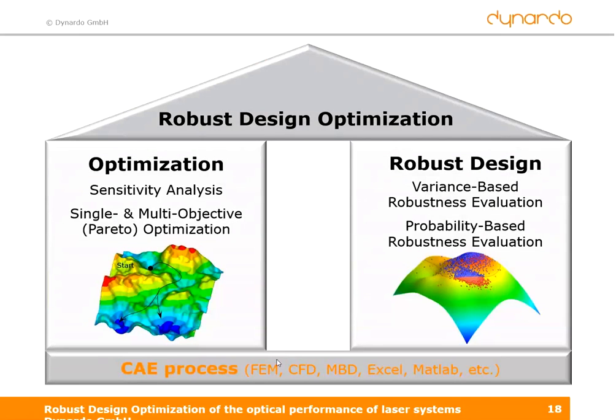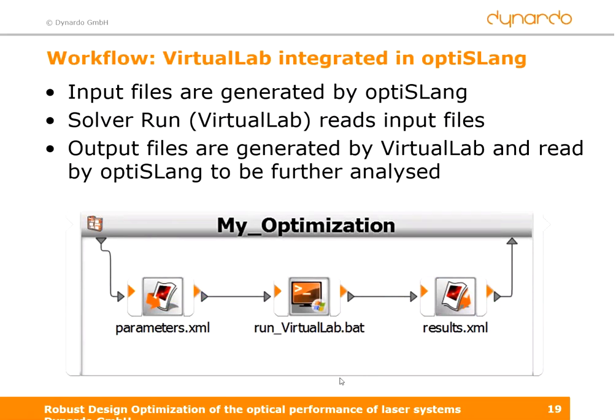How this is done, what it means, is presented here as a house. So the basis of this house is this computer-aided engineering process. In this case, it means here is the VirtualLab integration process.